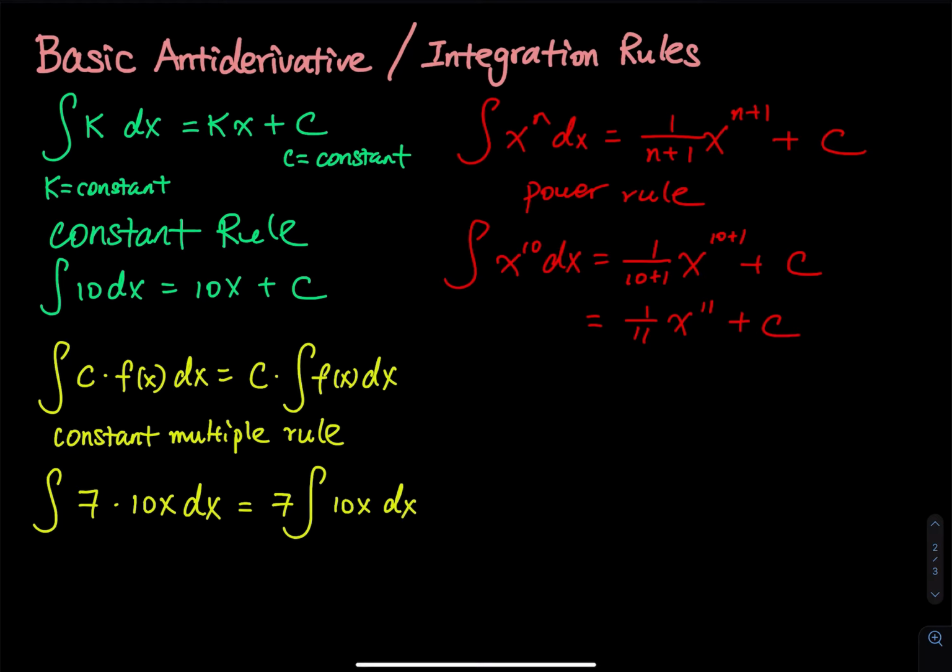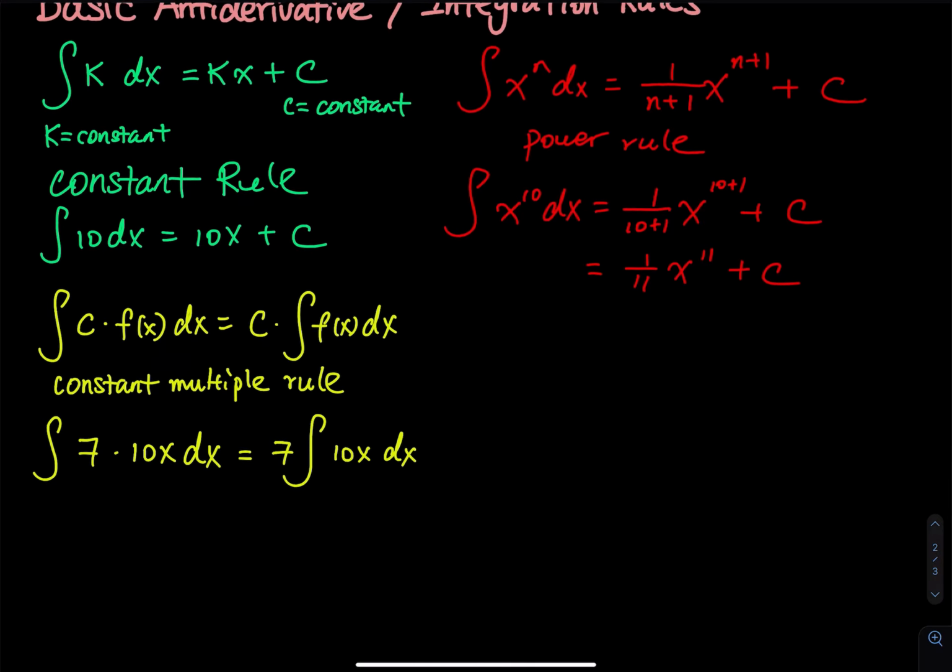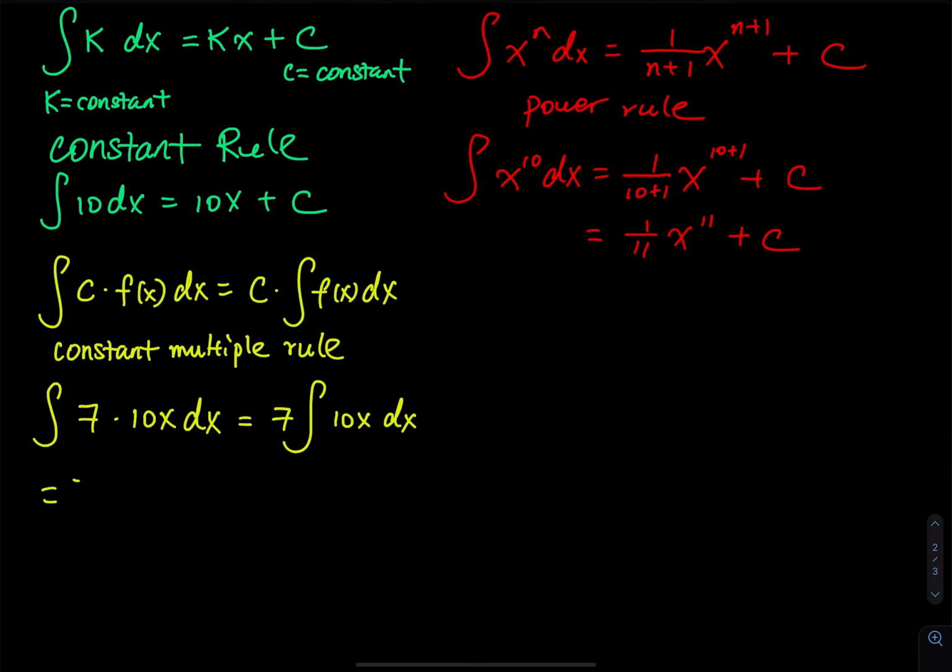Can you pull the 10 out as well? The answer is sure. If you don't pull the 10 out, that doesn't affect anything. So the 7 is outside. For the 10 times x, all you have to do is take the x, which is the first power, so you have 1 plus 1 and then 10 divided by 1 plus 1. At the end of the day, you have 7 times 10 over 2.